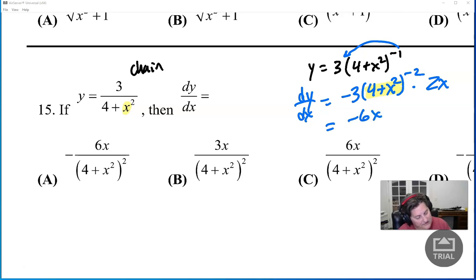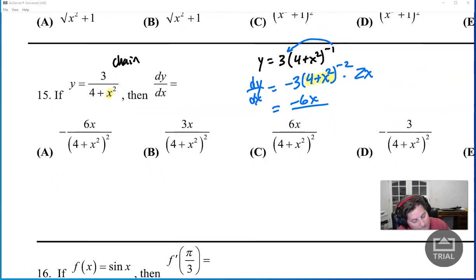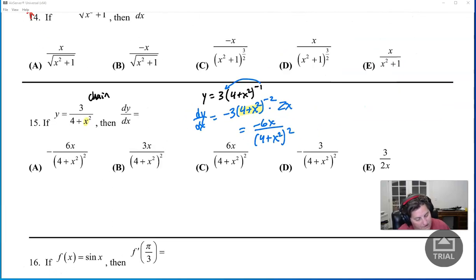It's going to be negative 6x. And then on the bottom, I'm going to say it's 4 plus x squared, squared. Be careful. I almost just said, ooh, it's that one. Be very careful, especially when it comes to negatives and stuff. You know, my negative is out there. That's going to be a. Okay?